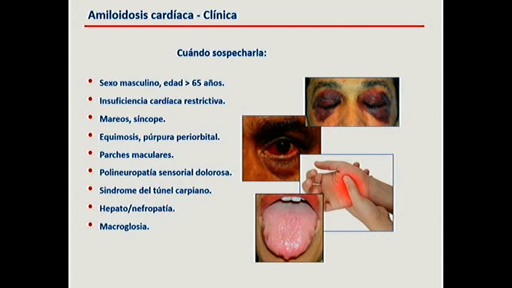Clinically, when can we suspect this? As we said, a male person older than 65 years old with a restrictive cardiac insufficiency.